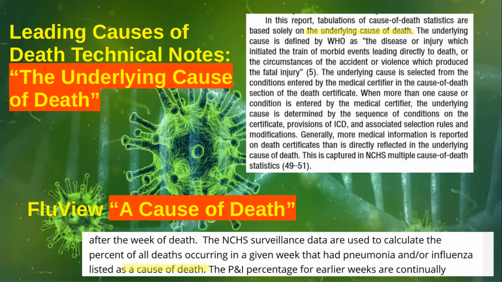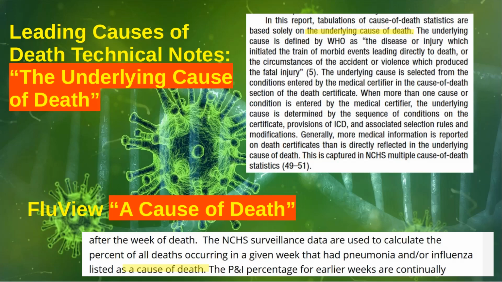So it appears that the leading causes of death is using this definition of the cause of death. This is the smaller number, the 2%, the roughly 55,000 number, which is fairly similar to the output of the flu model, the estimated deaths used by the CDC.